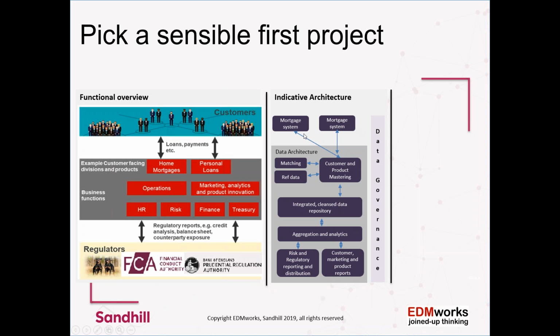So we need to get the data from our core production systems, in this case the two boxes called mortgage systems. We need to get it into some sort of integrated cleansed repository, and in order to do that we have to master the data. So mastery is dependent upon some sort of matching capabilities and really solid reference data. So wherever you go, core reference data absolutely comes back.